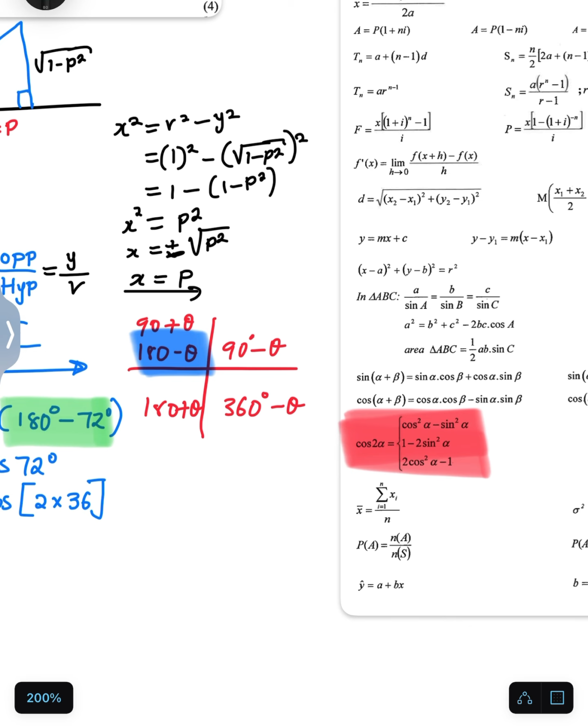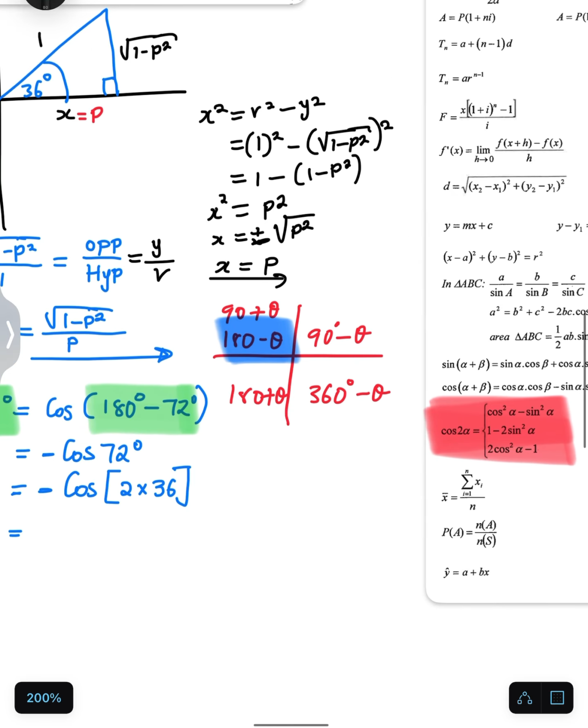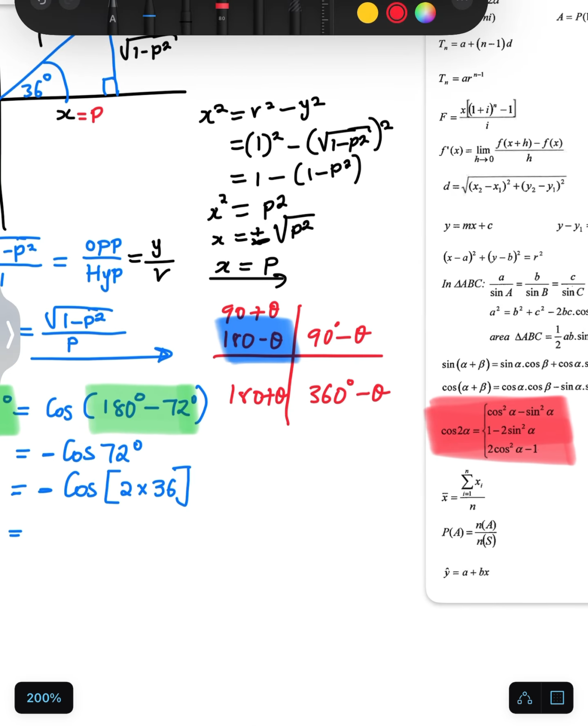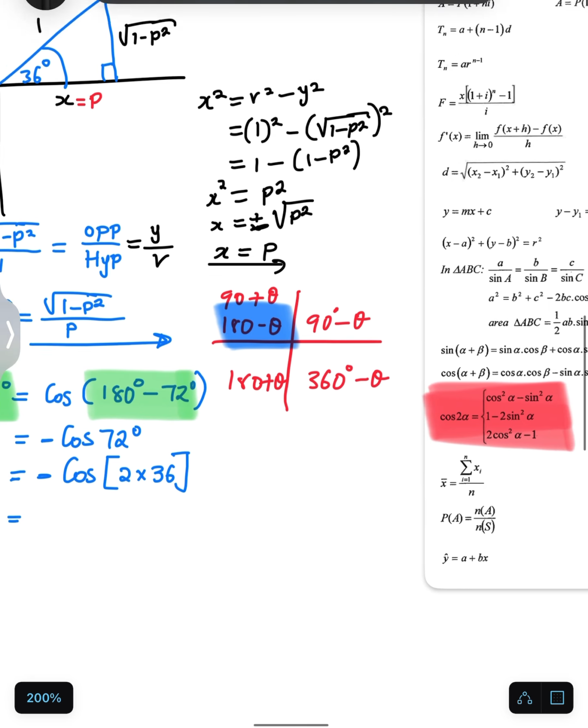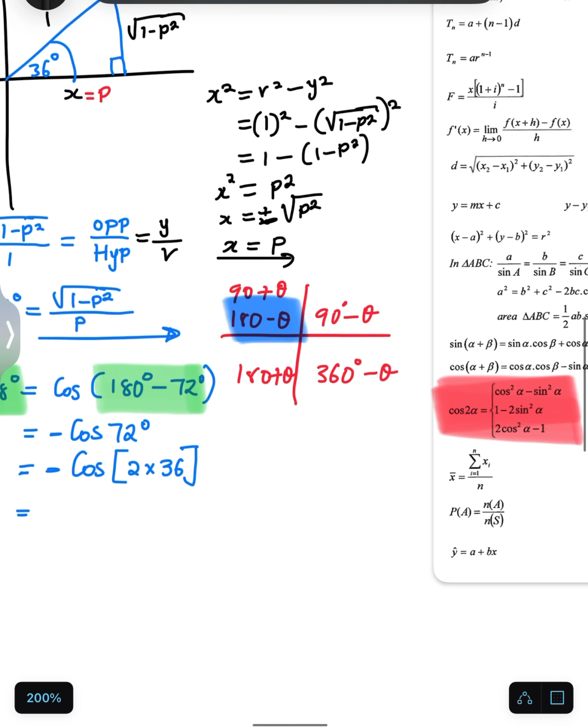So I'm going to take the last one, which is cos 2 alpha equals 2 cos squared alpha minus 1, and instead of alpha I'm going to say 36, because that is our angle, and minus 1.